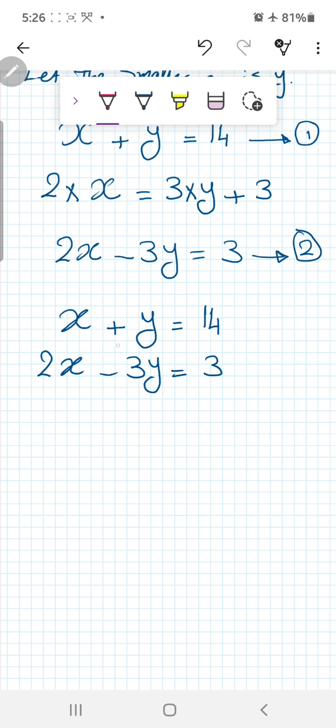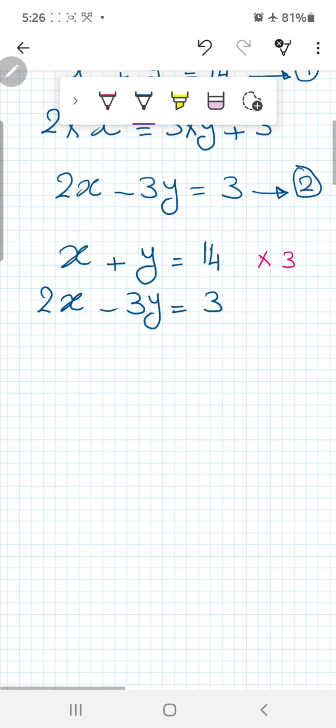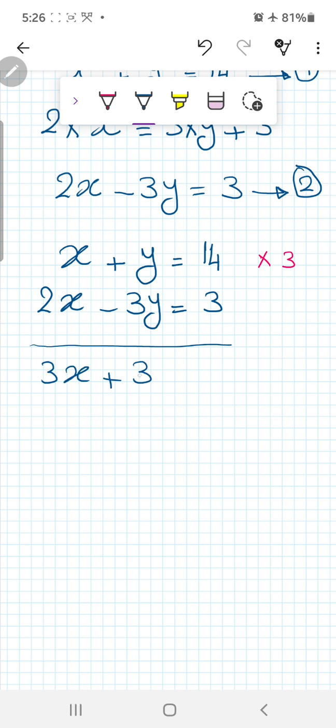As we said, we want to remove x or y to make it in one variable. So here we want to get the coefficients like each other but with different signs. So here we multiply by 3 to cancel y. Multiplied by 3, x by 3, y by 3, 14 by 3. So the equations will be 3x plus 3y equals 14 times 3, which is 42.